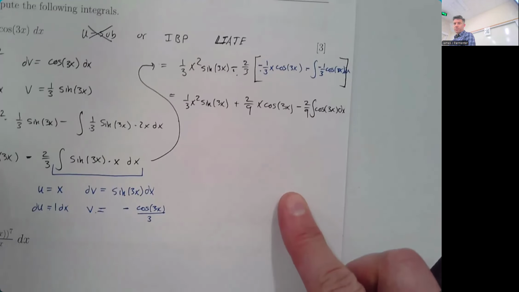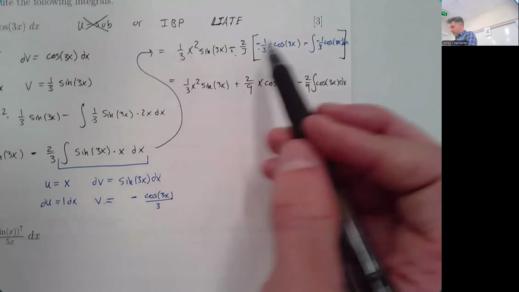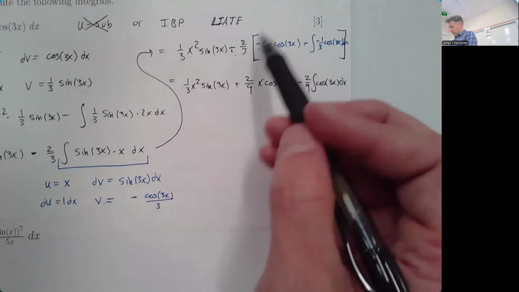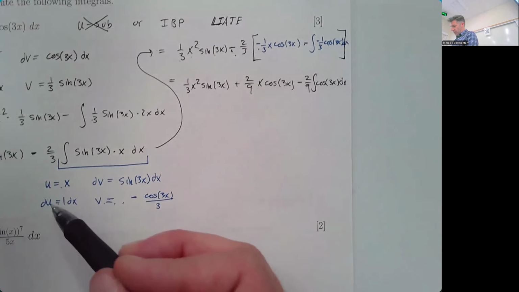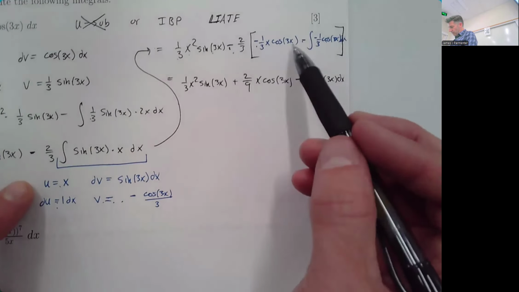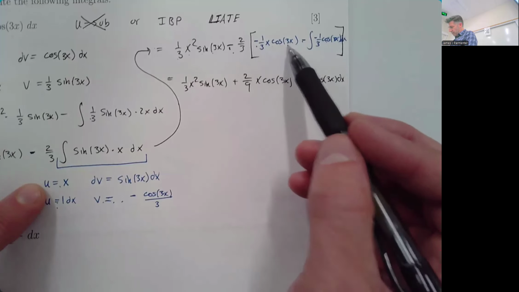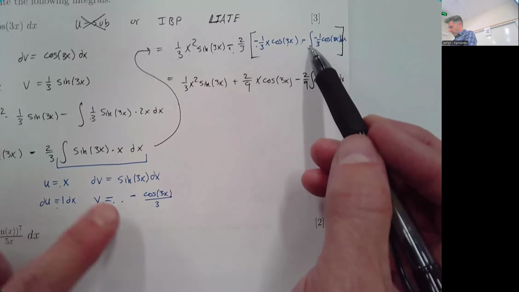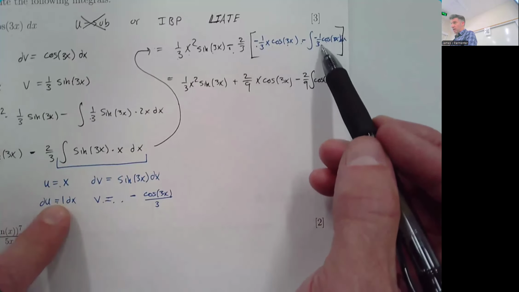So here's what we have again. We have the 1/3 x squared sine of 3x minus 2/3 times the entire uv minus the integral of v du. So there's our u times v, which is our x times negative 1/3 cosine of 3x, minus the integral of v du, which is negative cosine 3x over 3 times dx.